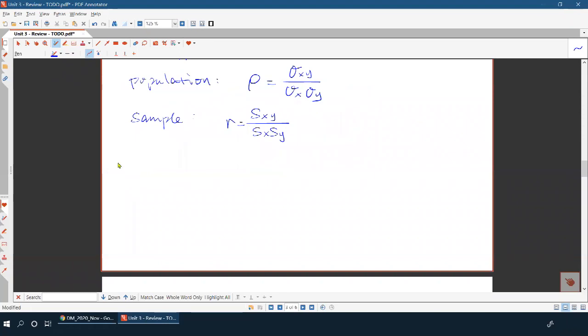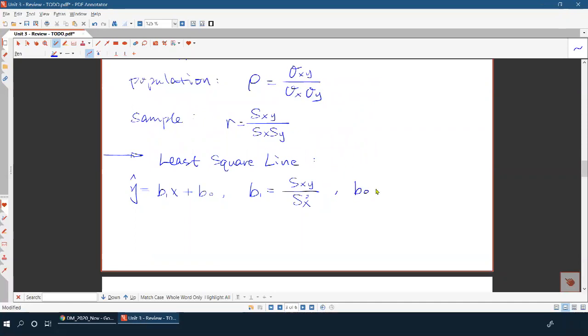Next, we studied how to find the least square line, which is y hat equals b1 x plus b0, where b1 is sxy over sx squared.